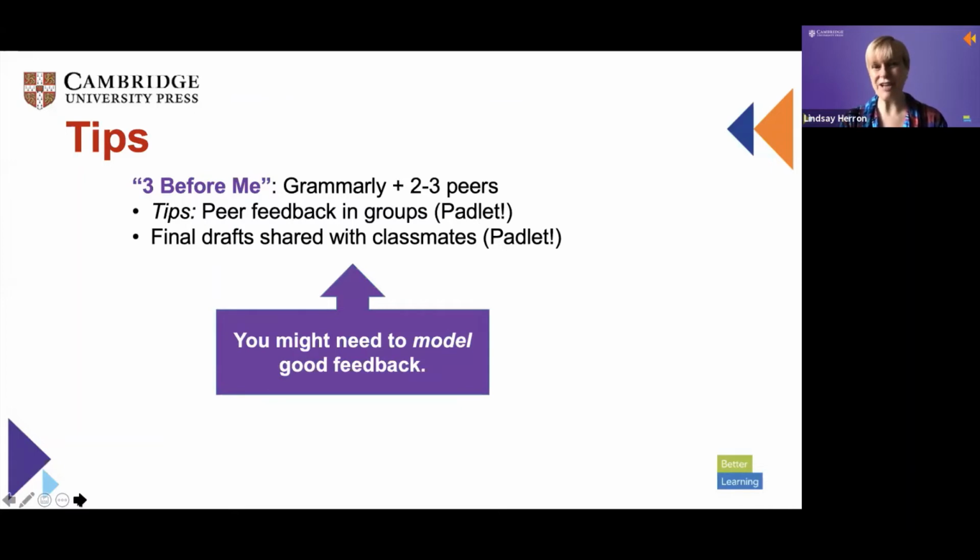The first couple of times that I did projects with my students, their feedback was, hey, I like BTS too, which, that's not feedback. I mean, that's great for connection, but what feedback does is improve the project, right? And some students would also take that opportunity just to insult each other. You know, one student's feedback was, smell.